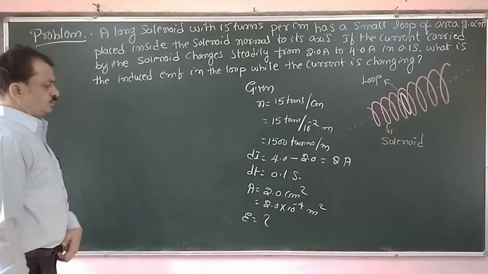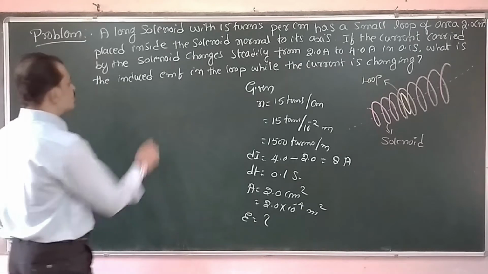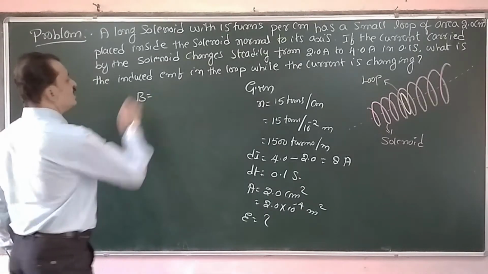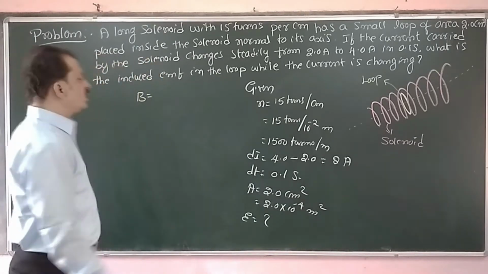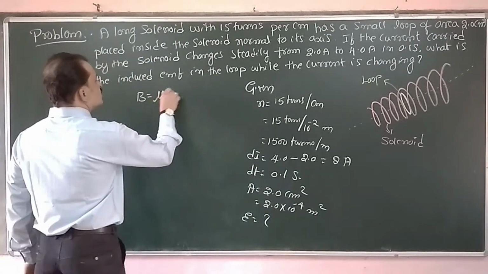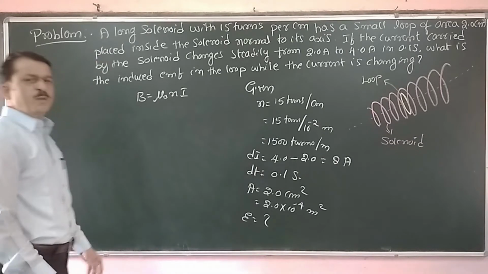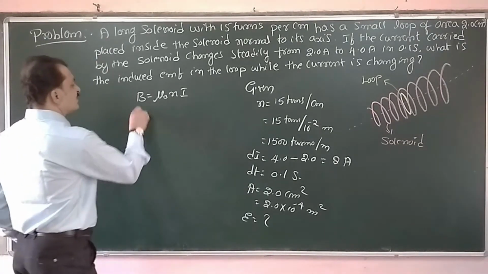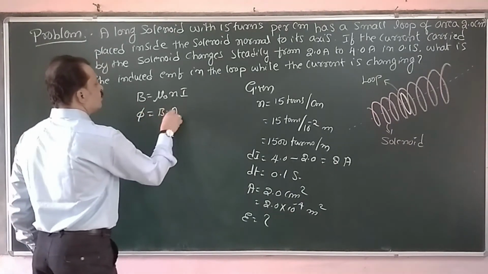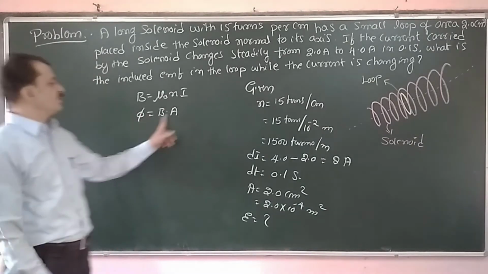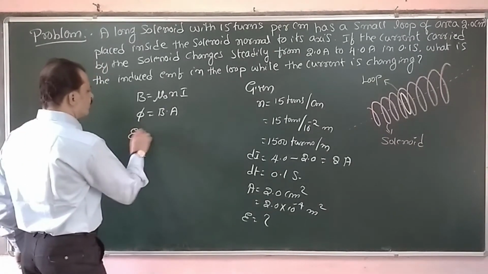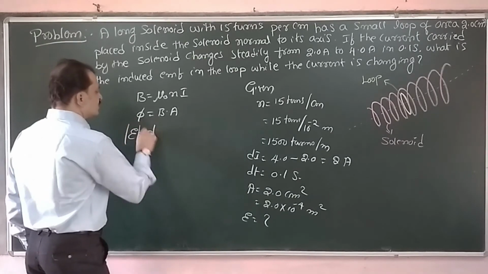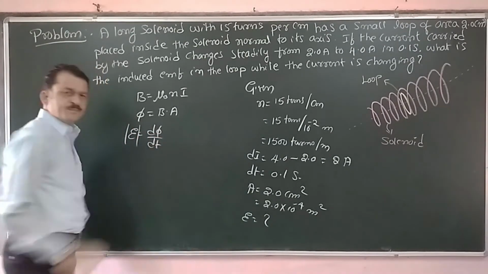Now, first we have to work out the magnetic field due to the solenoid. The magnetic field due to the solenoid is μ0 n I, and flux is given by B into A. So the magnitude of the induced EMF is dφ by dt.